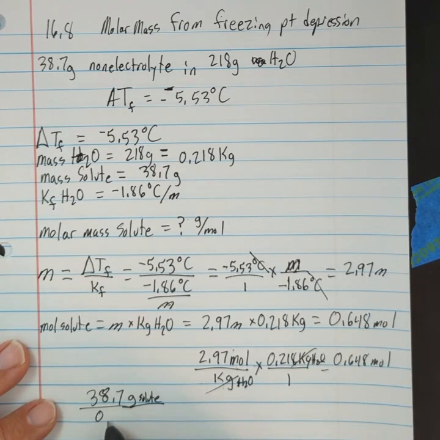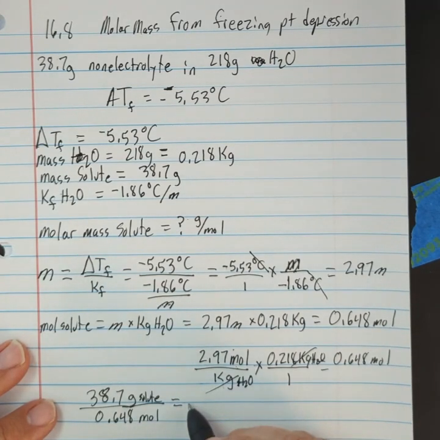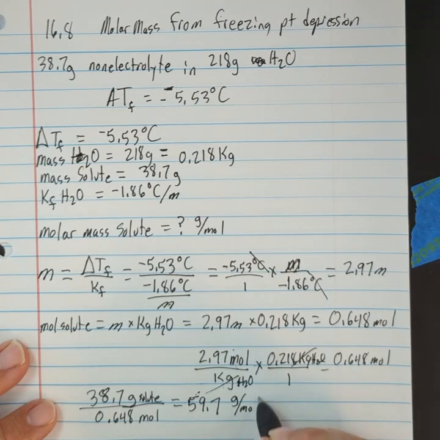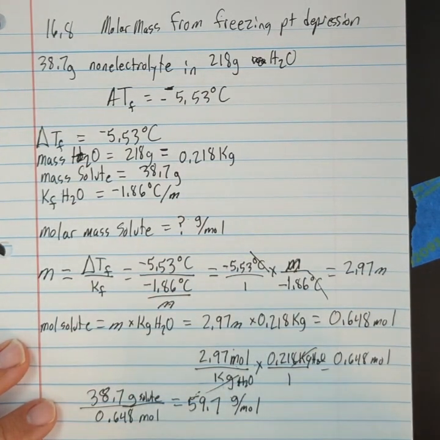And we know that it's 0.648 moles, okay? So we divide that and we get 59.7 grams per mole, okay? So again, grams per mole. All right, so that's the molar mass.